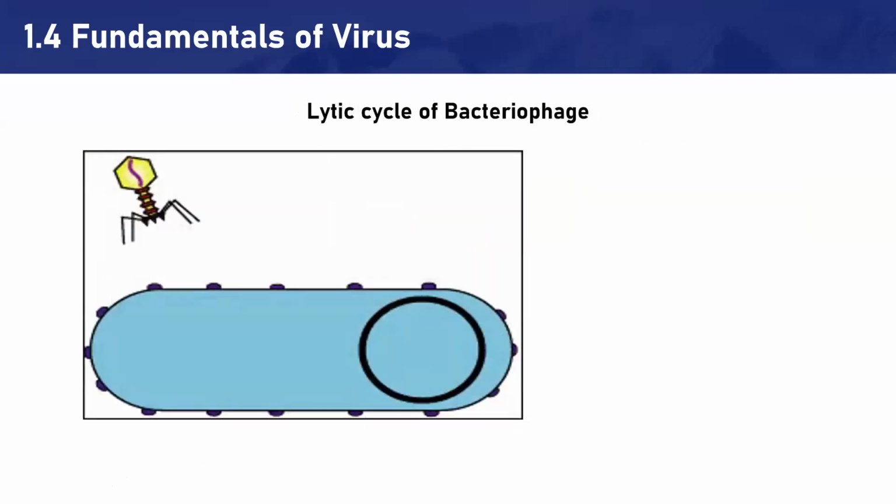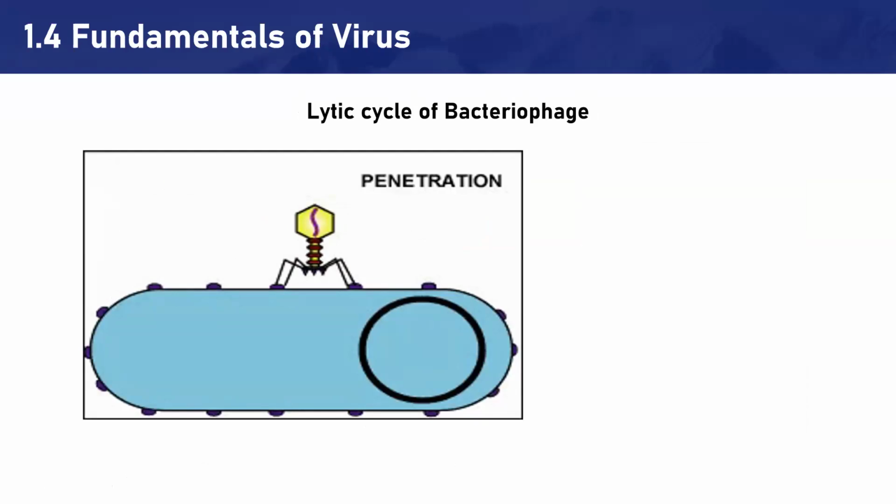So for the bacteriophage, we can divide into 2 groups, the lysogenic bacteriophage and the lytic bacteriophage. I mean, the lytic bacteriophage is the virus that can infect and kill the bacteria.